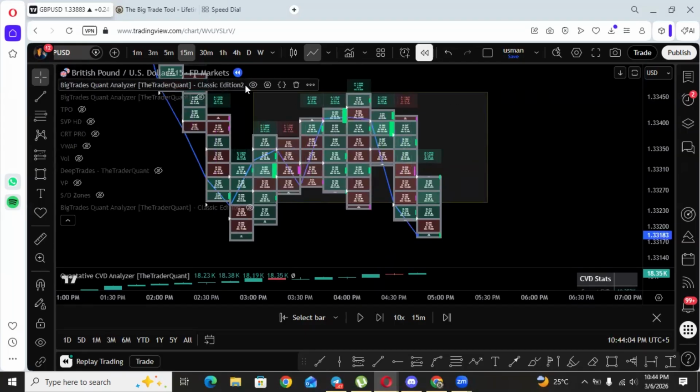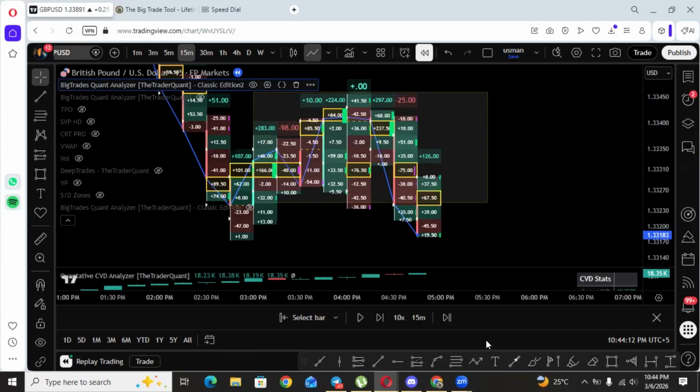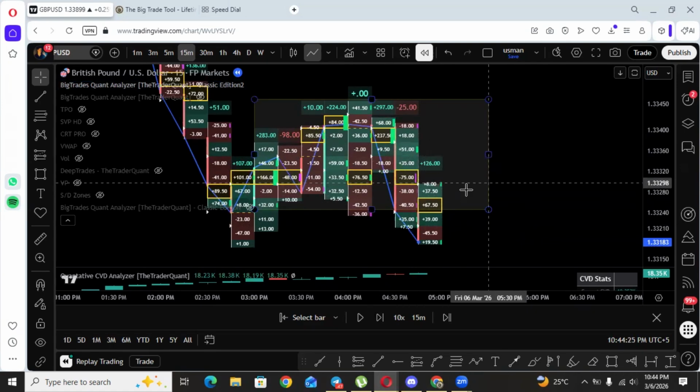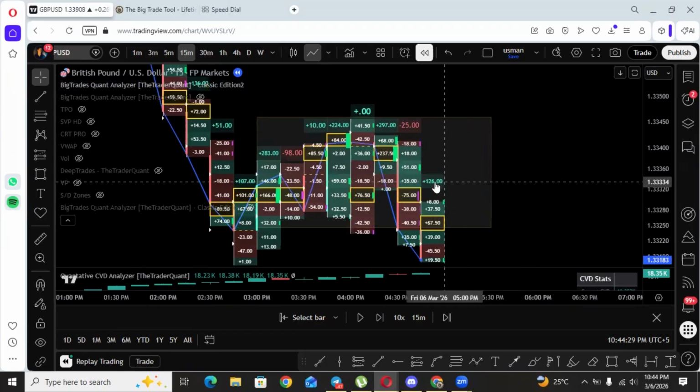If you turn the classic footprint option on, an extra option I added, you will see the footprint like this. You can read this very easily. This yellow box represents the point of control, all these green areas represent the buying imbalance, and red areas represent the sell imbalance. On the top, you can see the delta of each footprint.